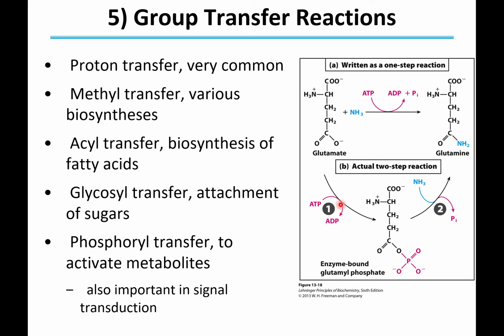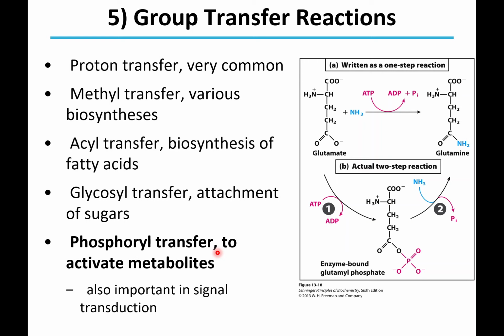You're transferring a phosphate from ATP to glutamate to make a phosphate-bound molecule that is higher in energy. That bond is high in energy. It's a good leaving group, and then you can switch out the amine group there. This is how the body converts glutamate into glutamine.